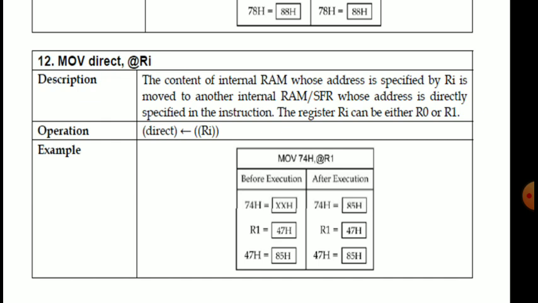We can use any of those 8 registers, but Ri means we can use only 2 registers, that is R0 or R1. So in the description part, the content of internal RAM whose address is specified by Ri is moved to another internal RAM or SFR whose address is directly specified in the instruction. The register Ri can be either R0 or R1.